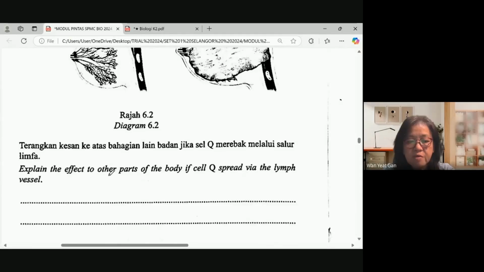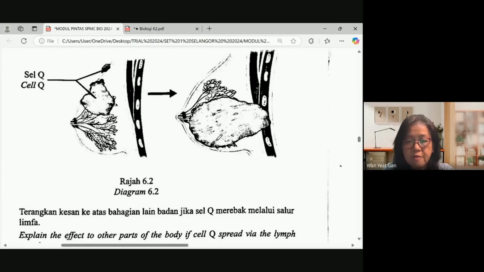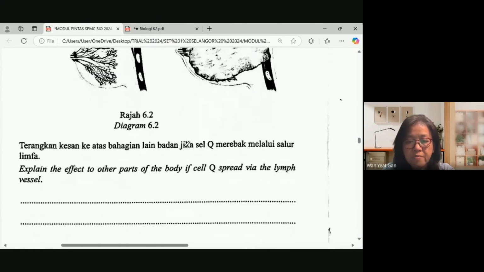Explain the effect to other parts of the body if cell Q spreads via the lymph vessel. Now, this is a tumor that has gone very big and spread through the lymph vessel. So they want to know what the effect is.